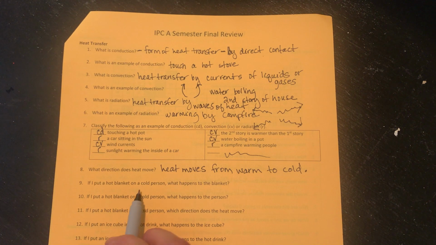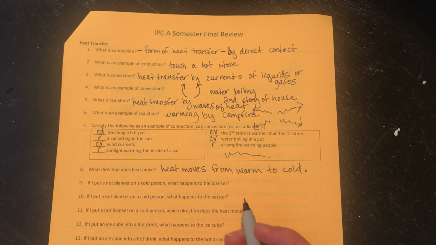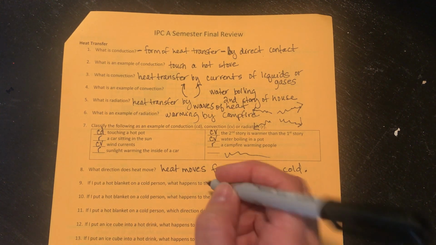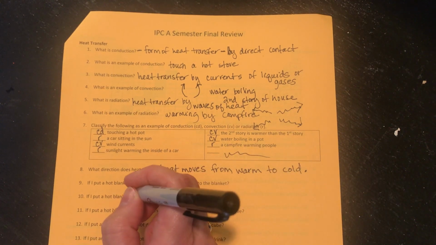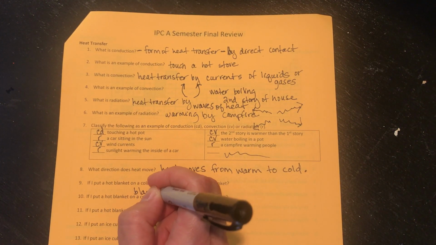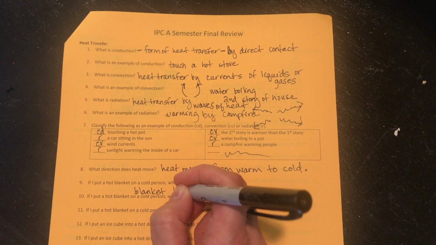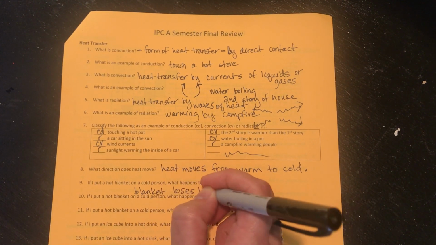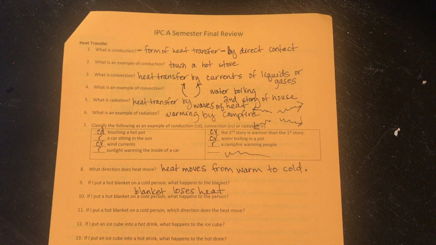If I put a hot blanket on a cold person, what happens to the blanket? Well, the blanket gets cooler, so it loses some heat. We'll say the blanket loses heat. Okay, if I put a hot blanket on a cold person, what happens to the person?